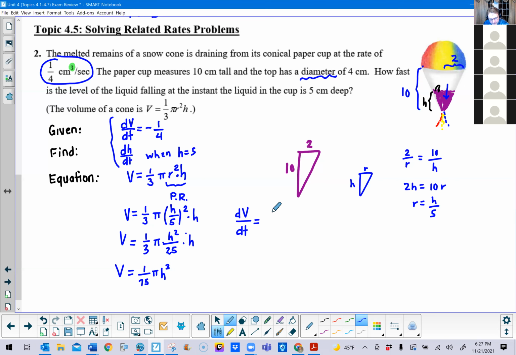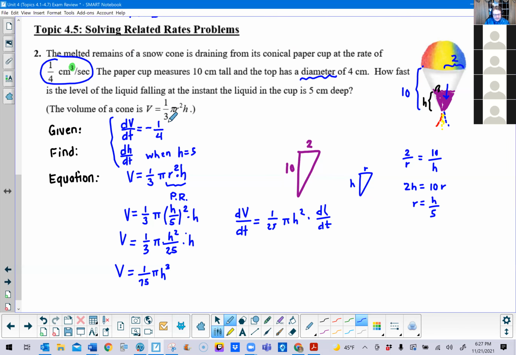The 3 comes out in front. We get 1 over 25. I got my pi. I got my h squared happening there. I got my dh/dt going on. And then I can start plugging in what I know. And what I know, and that's what's beautiful about this, you guys, you don't have to go back into the problem and read the words again and run the risk of being confused.